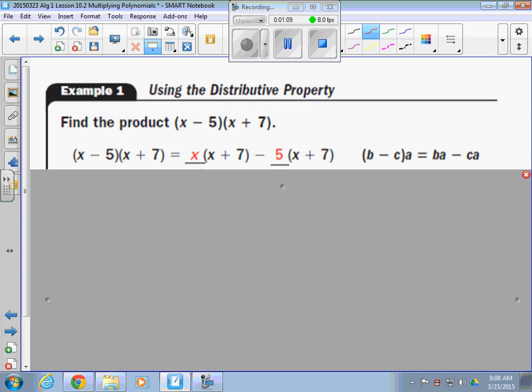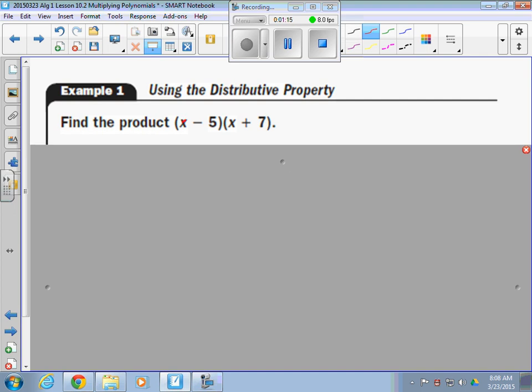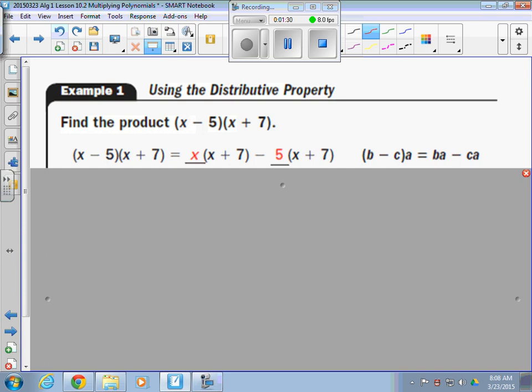Example number 1 is using the distributive property. If this problem said only -5 times x plus 7, we'd be able to distribute it with no problem. We're going to do the same thing, except not only are we going to do -5 times x plus 7, we're going to do x times x plus 7 as well. So the first thing it does is separate that binomial at the beginning into x times x plus 7.